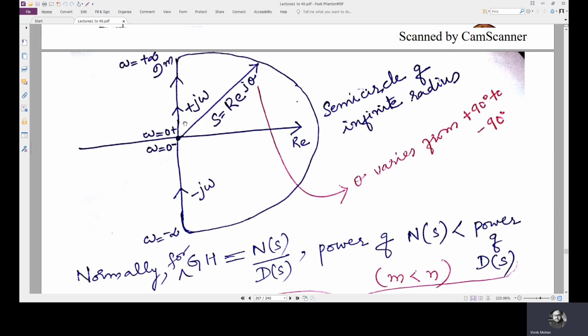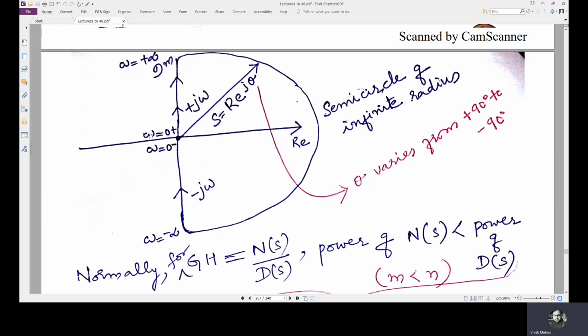With respect to omega, we will consider that omega starts from here, then it traverses through this particular segment to this point, and it goes again to the origin.